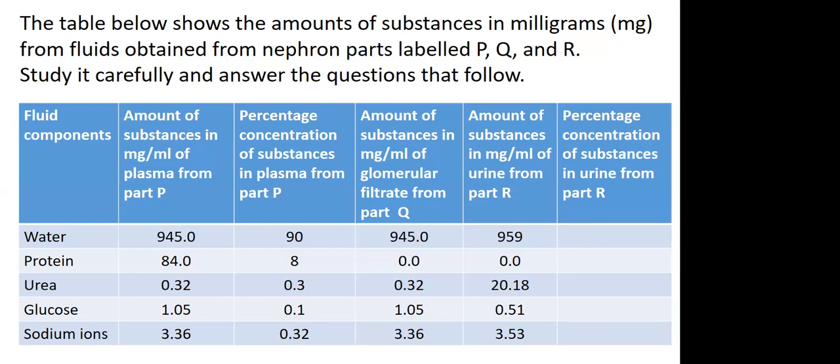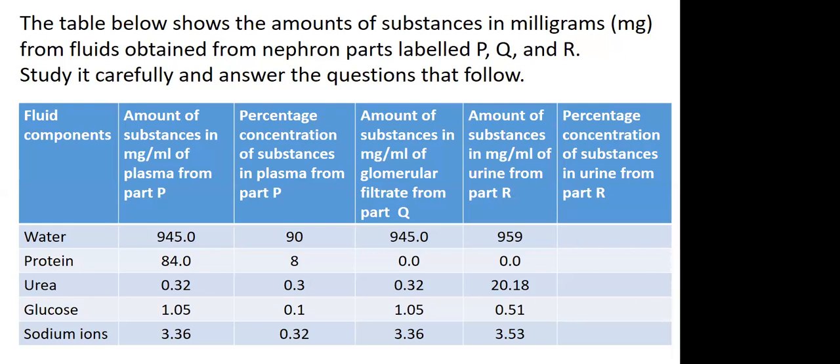The first column shows fluid components. These are water, protein, urea, glucose, and sodium ions. Then we also see the amount of substances in milligrams per milliliter of the plasma from part labeled P. So we see the amount of the density of water.